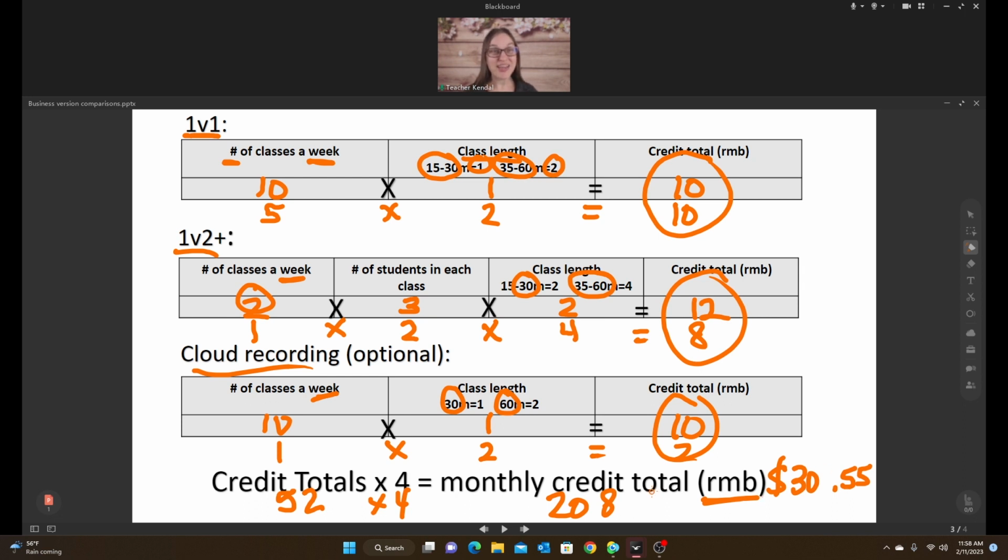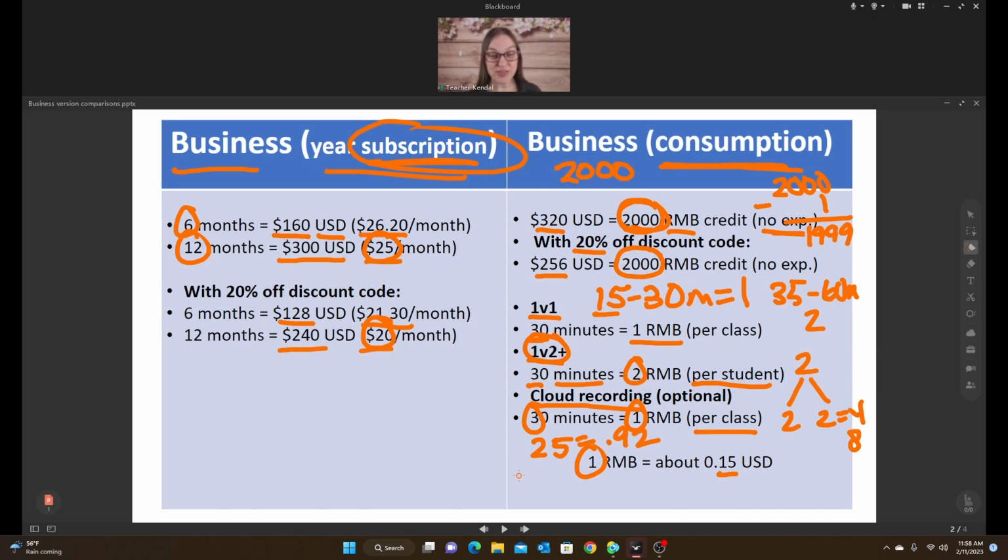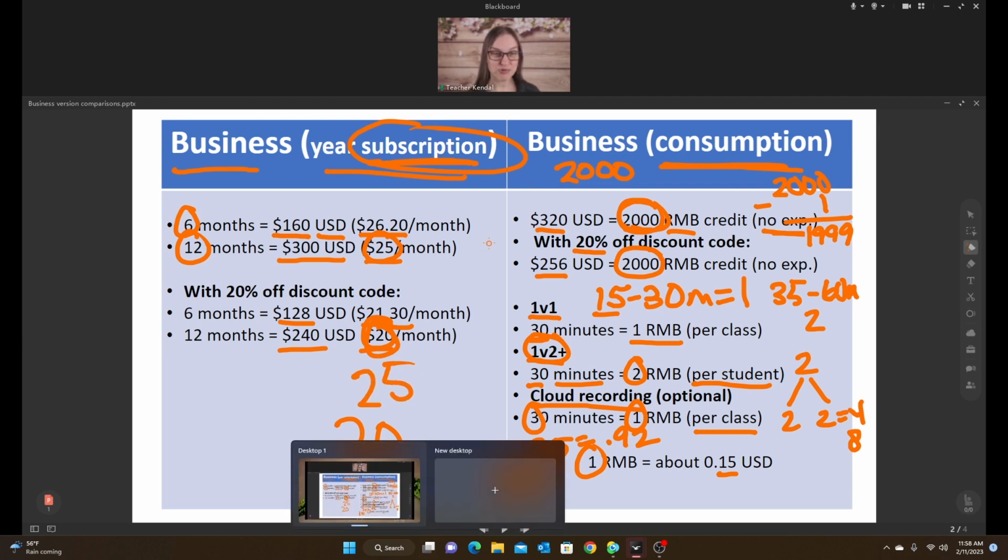So now I can compare to my subscription. So on a normal month, if I teach every single class that I have on my schedule, I will be paying about $30 if I do the consumption, but only $20, at least the first year with the discount, or $25 after that if I do the subscription.